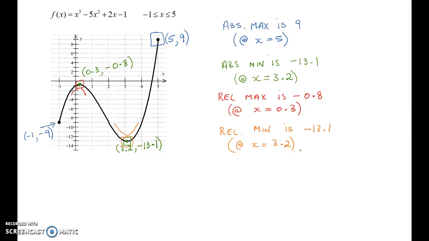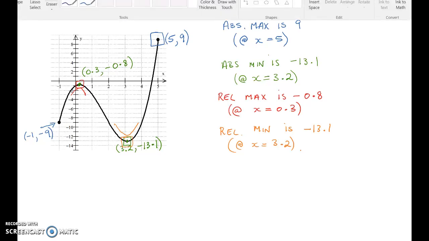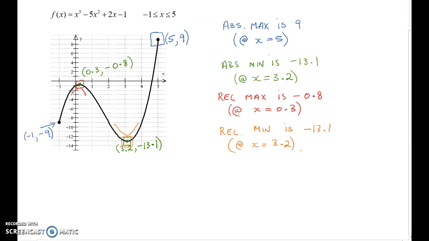Now, we can do one other thing with this. We can look at intervals on which the graph is increasing and decreasing. If we talk about increasing and decreasing, then we switch to x coordinates. So let's look carefully at this. I'm going to take a different color of pen, and I'm going to trace along the graph. This graph is increasing.